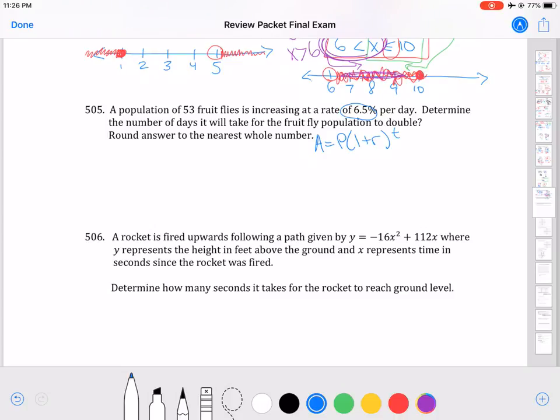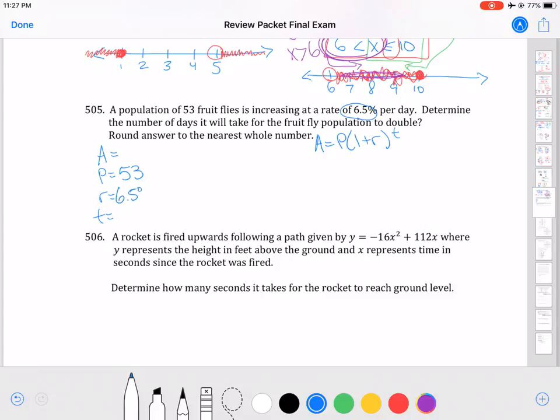You would just need to know to flip back to that formula sheet, and you also need to know how to use it. So off to the side, I need to determine A, P, R, and T. Remember, it's a party. So the population of 53 fruit flies is increasing at a rate of 6.5% per day. But that tells me I'm starting with 53 fruit flies, so that's going to be P, your principal or your starting amount.